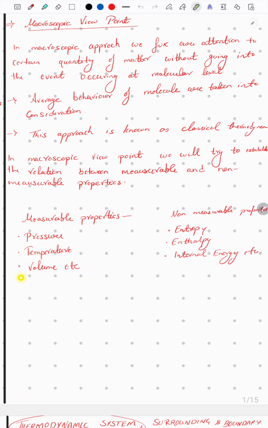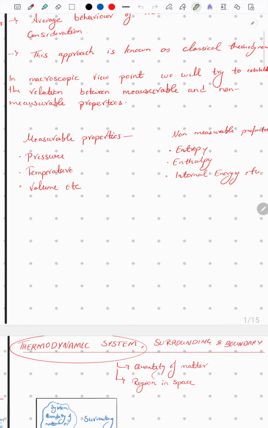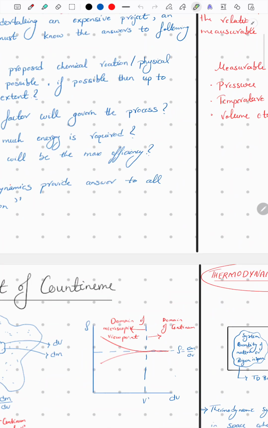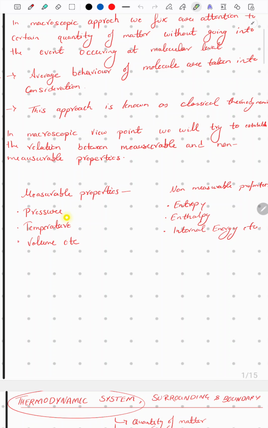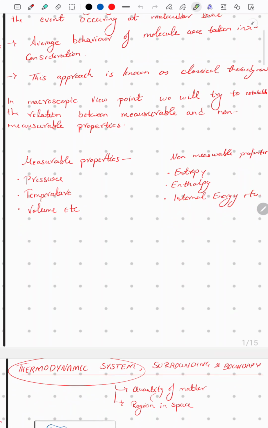Measurable properties are pressure, temperature and volume. Non-measurable are entropy, enthalpy and internal energy. Now we will discuss further why we are taking that measurable and non-measurable. See, pressure is measurable, temperature is measurable, volume is measurable. Entropy you cannot measure, enthalpy you cannot measure, and for internal energy there is no means to measure.